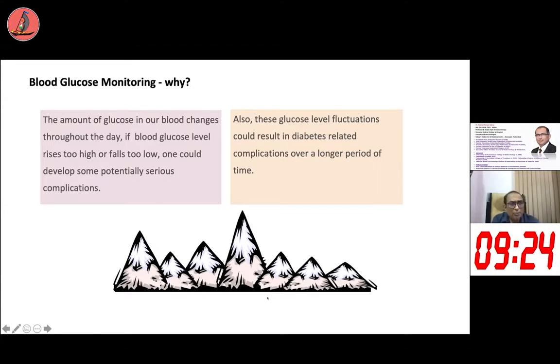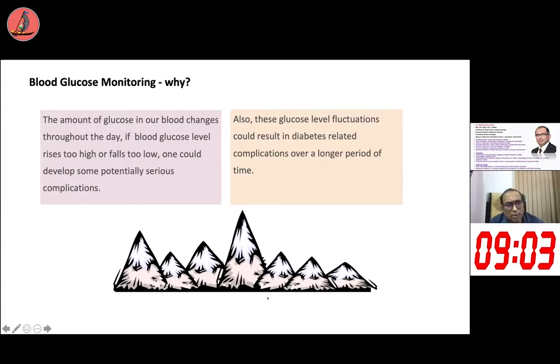So how do we overcome this? The best way is to complement the HbA1c with SMBG, because HbA1c provides very valuable information. If you complement it with SMBG, that makes it very good, because SMBG provides a real-time measure of blood glucose levels.